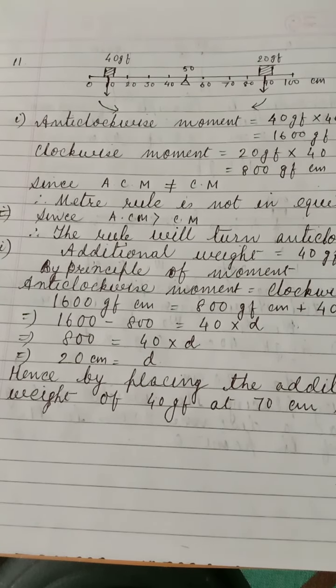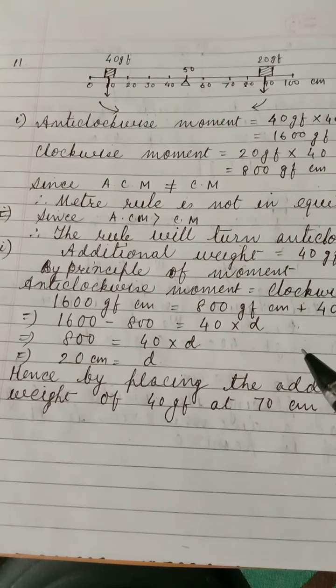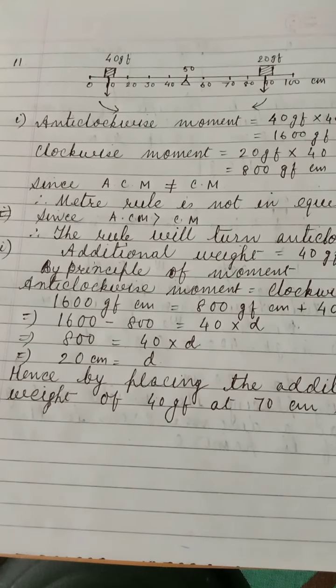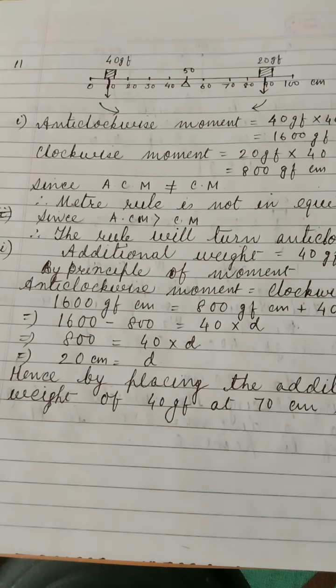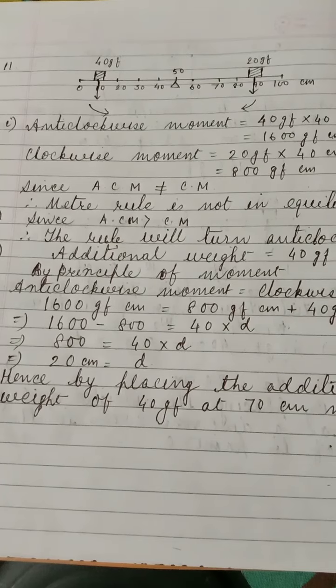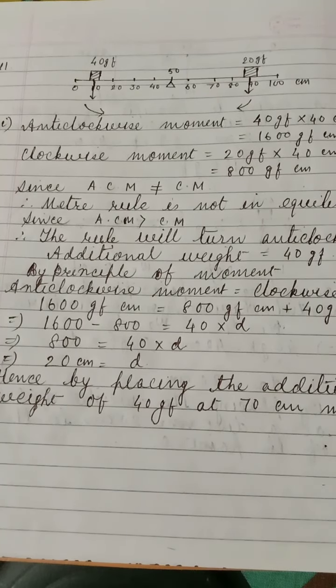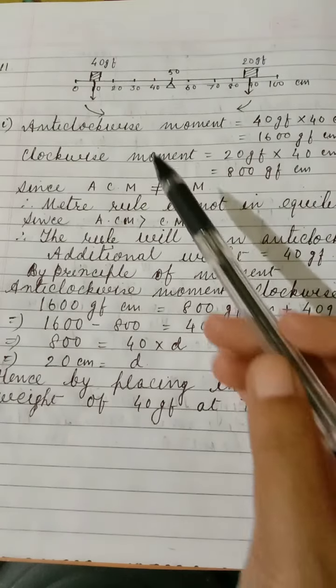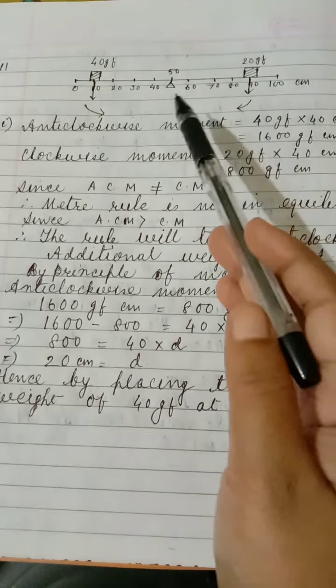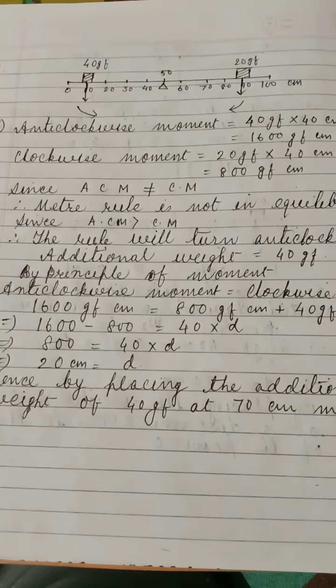The first part of the question is: is the meter rule in equilibrium? To find out whether they are in equilibrium or not, we have to find the anti-clockwise moment and the clockwise moment. Anti-clockwise moment, you know the formula, is force into perpendicular distance, or the weight into the perpendicular distance. Here the weight is 40 gf and the perpendicular distance is 40 centimeter.